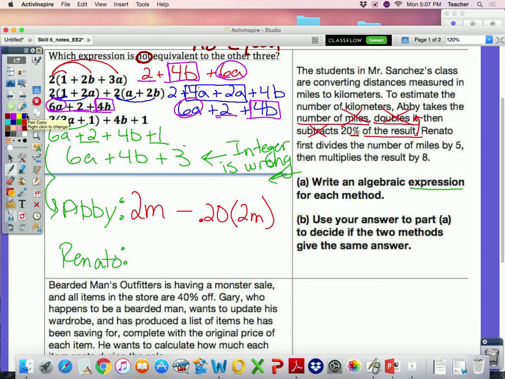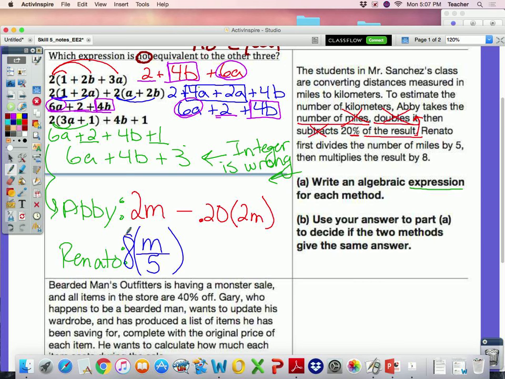So Renato says, first you're going to divide the number of miles by 5. So miles by 5. Then you're going to multiply the results. Remember, this is the results. This was the results up here. These are the results here. We're going to multiply our results by 8.